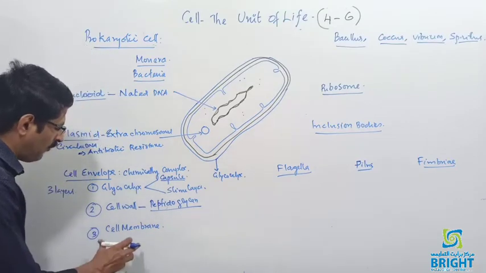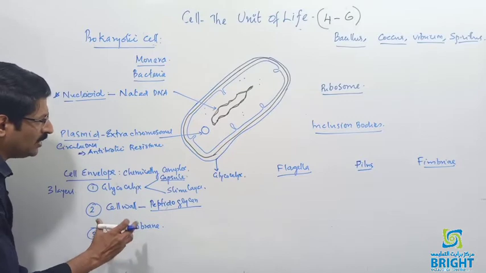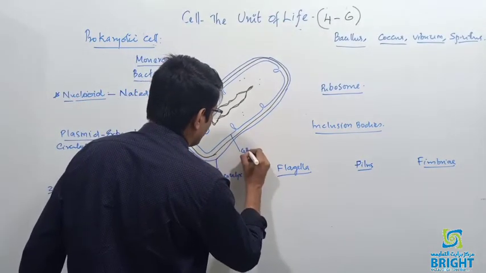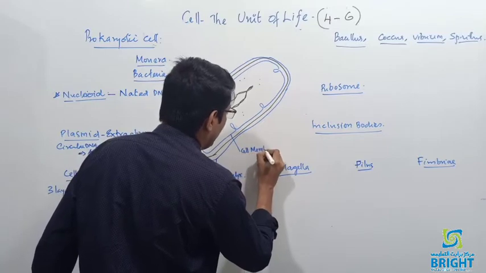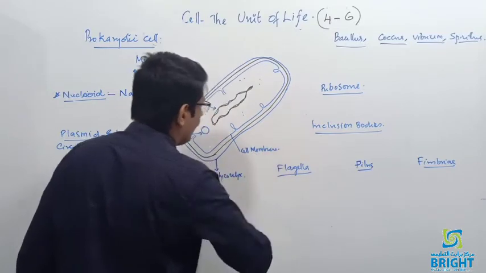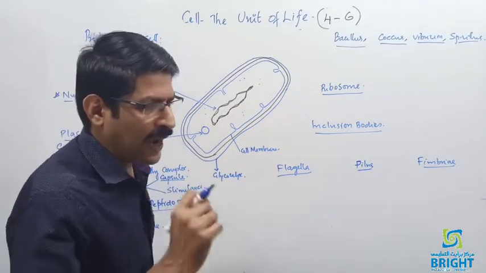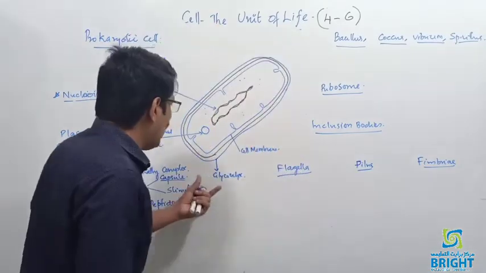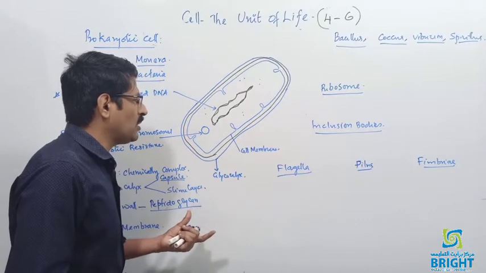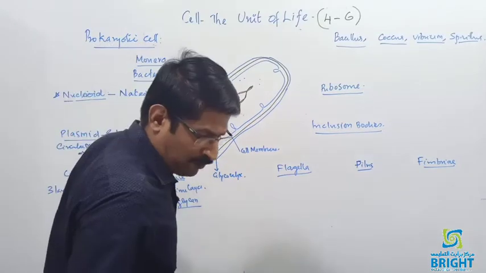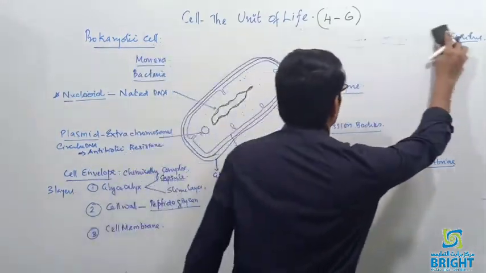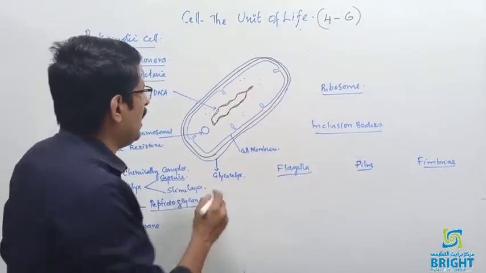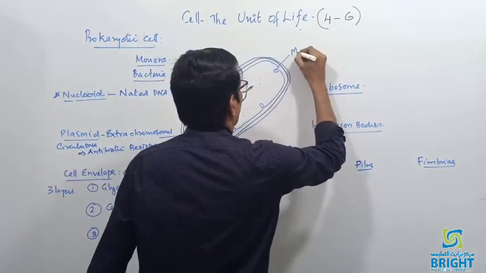And the third innermost layer is the cell membrane. The cell membrane of bacteria is very important because it is structurally and chemically similar to the eukaryotic cell. In the cell membrane of the prokaryotic cell, there is a specialized structure. There are certain invaginations present on the cell membrane, and that is called mesosome.